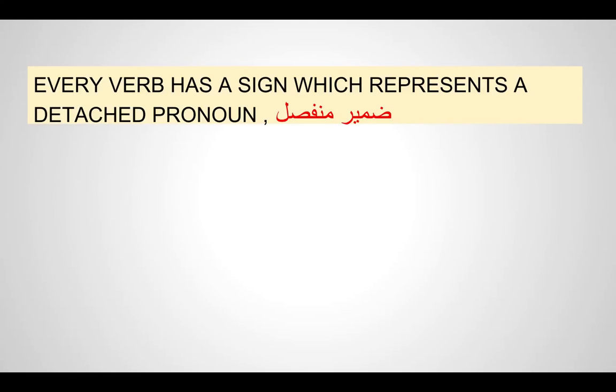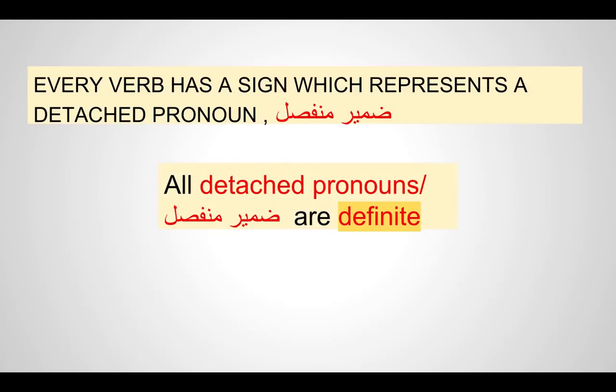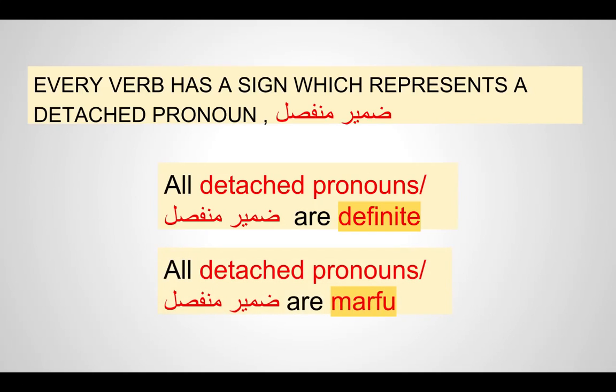And what is this detached pronoun called? Damirun munfasilun. So we know that all detached pronouns are definite, and that all detached pronouns are marfu. That's why the fa'il, which the detached pronoun represents, is always marfu.